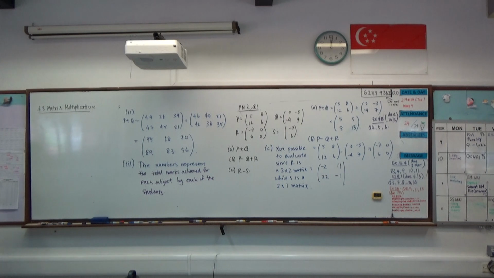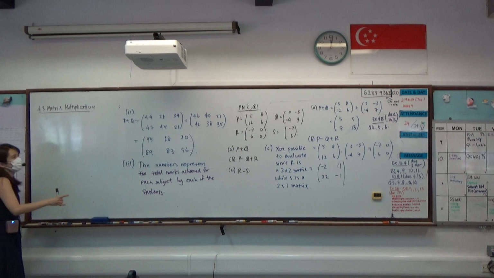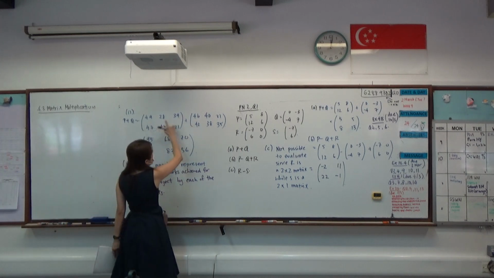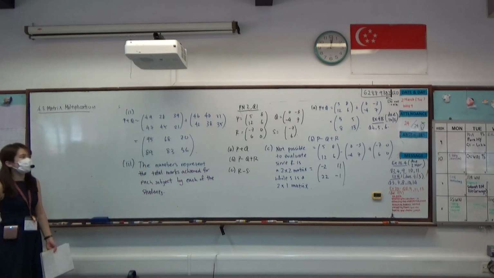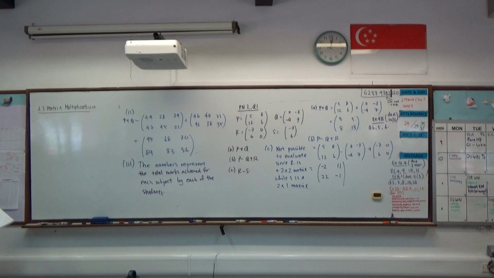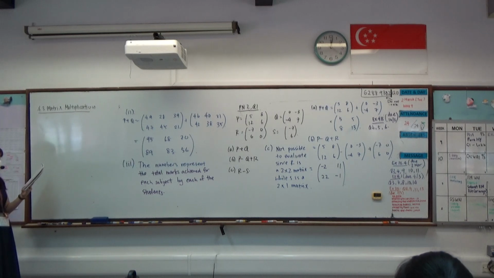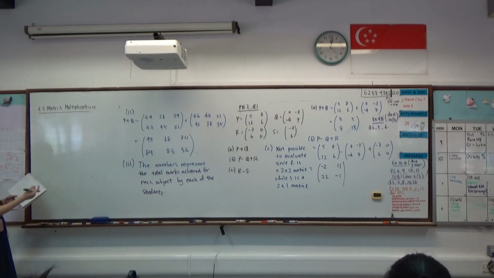When it comes to matrix multiplication, an intuitive way would be to take the elements and multiply them with each other. But that is not defined for matrix multiplication. There are two ways for us to look at matrix multiplication. One is if we are going to multiply a matrix by a number.